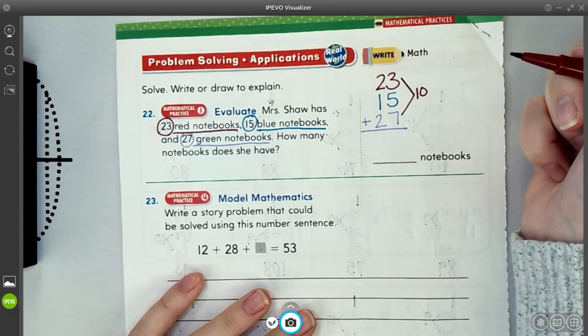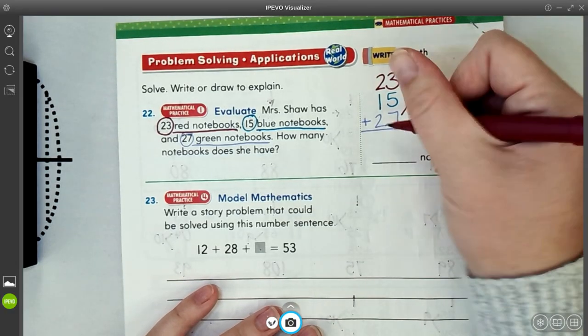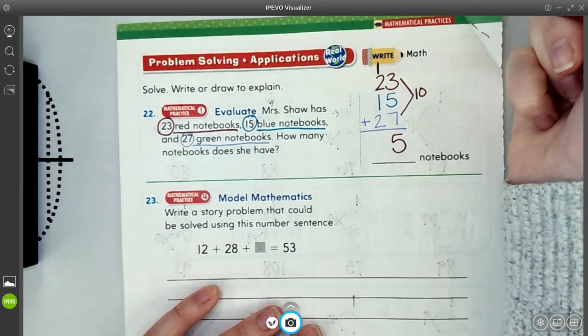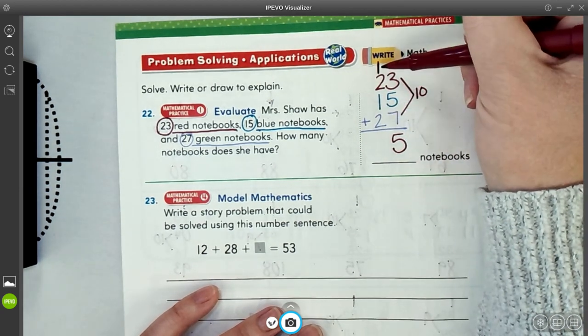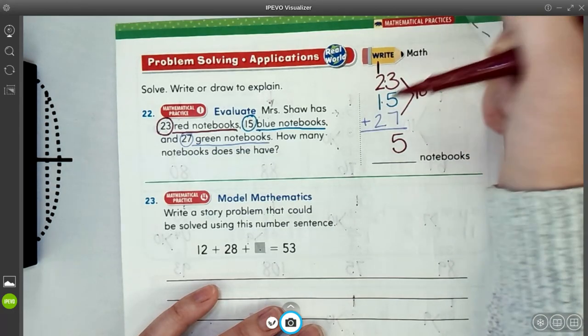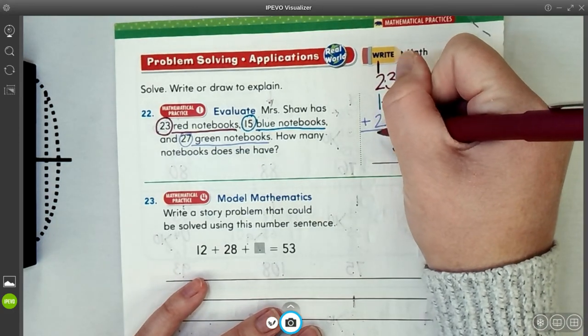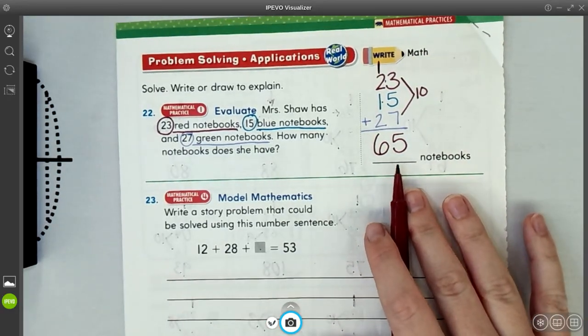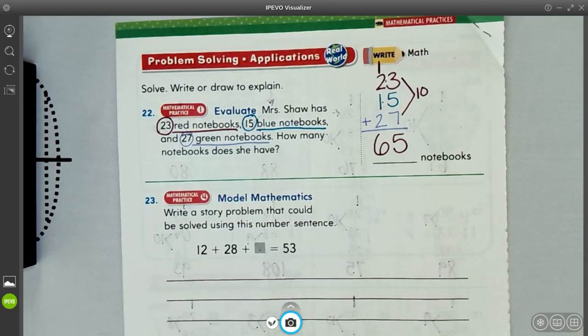Plus 5 more equals 15 ones, which means I have 5 ones and 1 10 to regroup. Now I can add my tens place. 1 plus 2 equals 3, plus 1 equals 4, plus 2 more equals 6. So she has 65 notebooks.